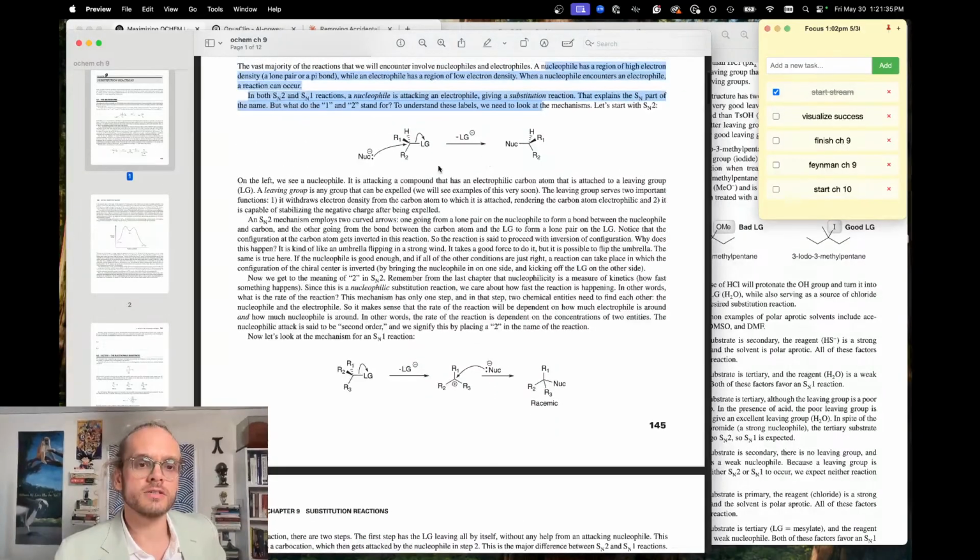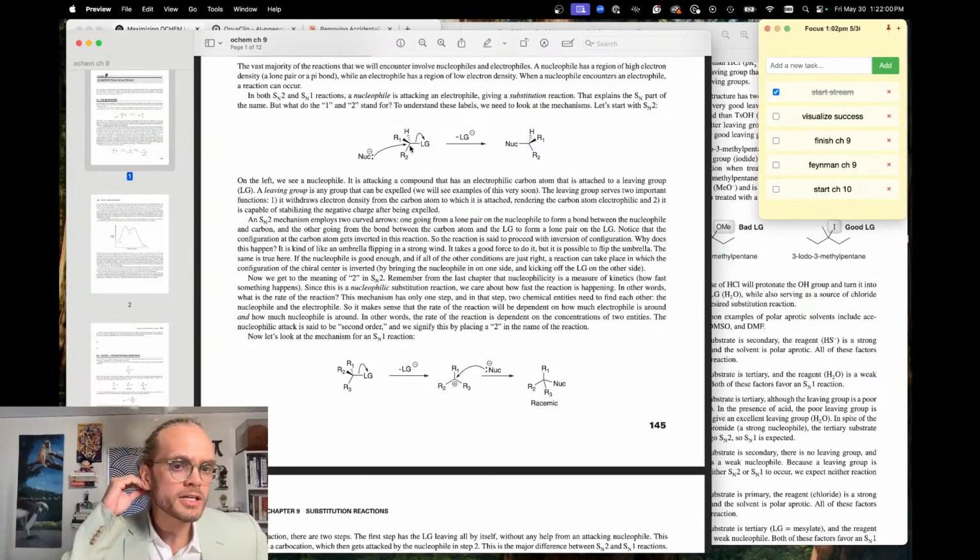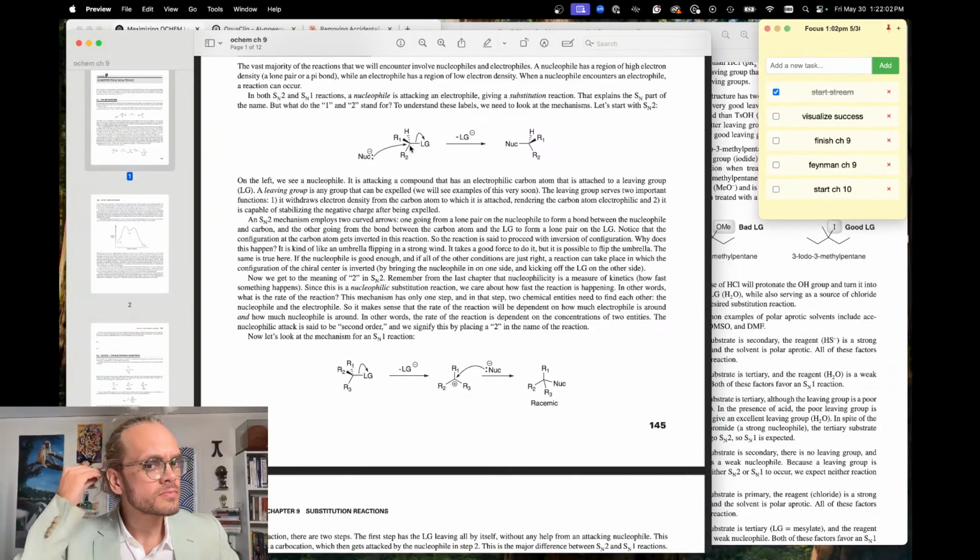So this is an SN2 reaction. We have a nucleophile that attacks this electrophilic center. There's a leaving group that has an electron leave with it. The nucleophile goes in. There's an H and then the rest of the atom.